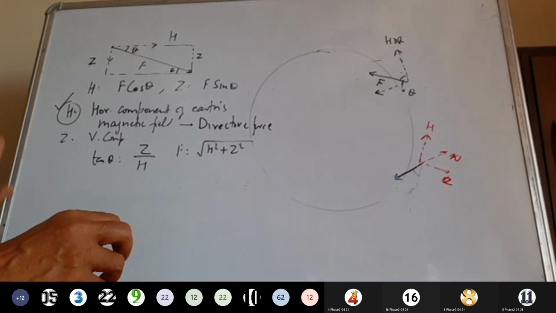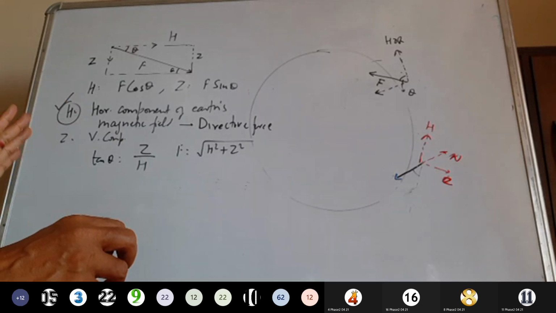So H is always acting towards north. Z is acting vertically downward in the northern hemisphere, and Z is acting vertically upward in the southern hemisphere.